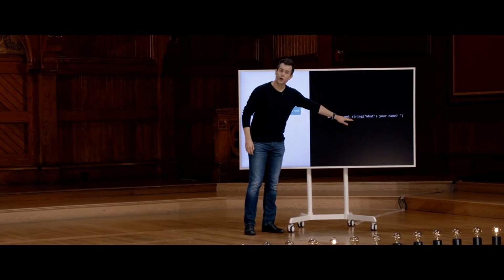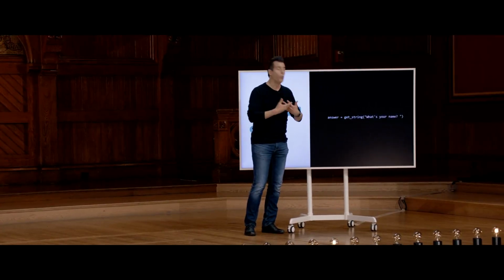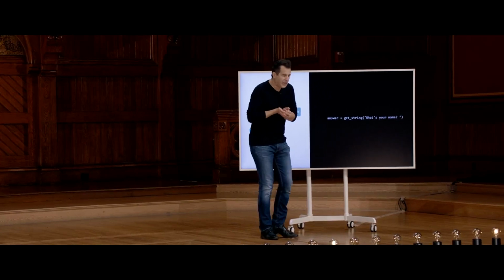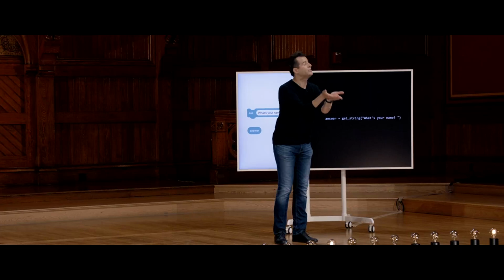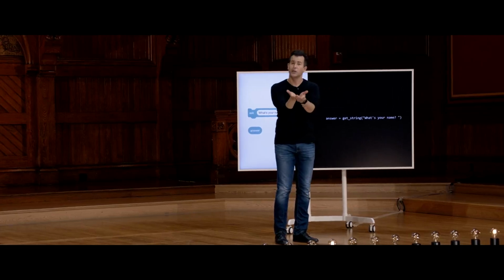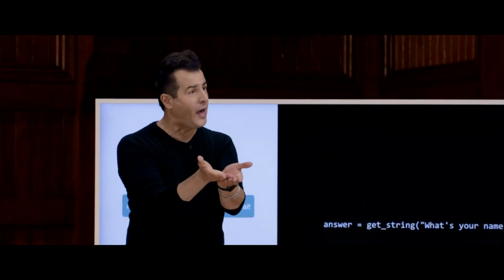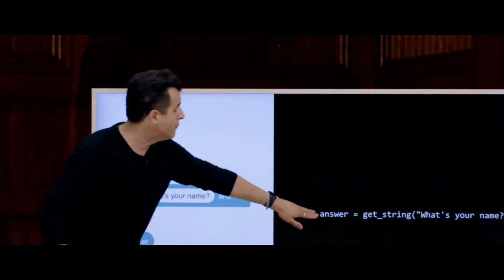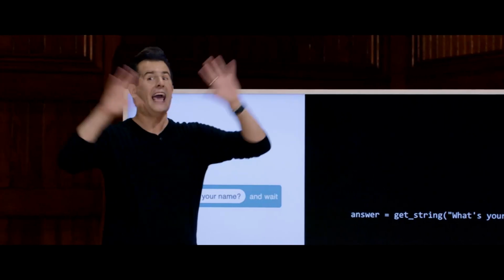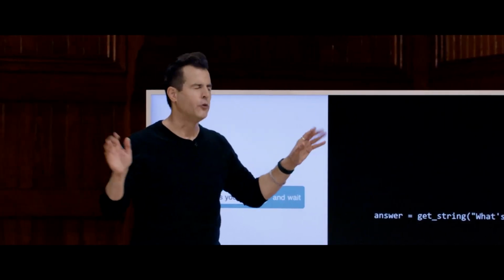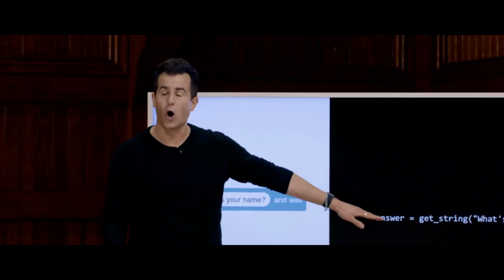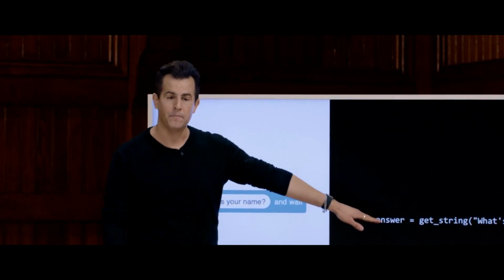So what does this do for us? Well, if getString is a function that prompts the user with, quote unquote, what's your name, and it has, I claim, a return value, that means it kind of hands me back some value. But it's up to me in C to do something with that value. So if I want to copy that value into a variable that I can use and reuse, I use an equal sign, and I invent on the left-hand side of that equal sign any variable name I want. There's certain rules, there's certain conventions, but generally if you use a single word with all lowercase, you're in good shape.